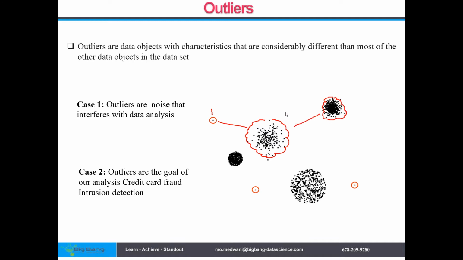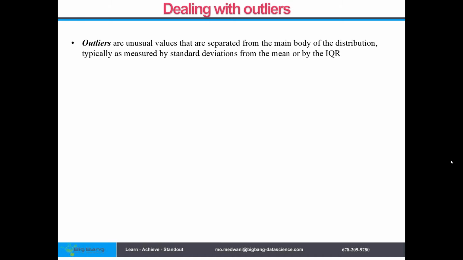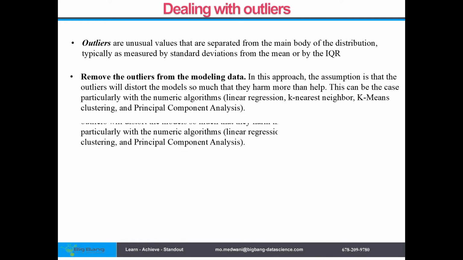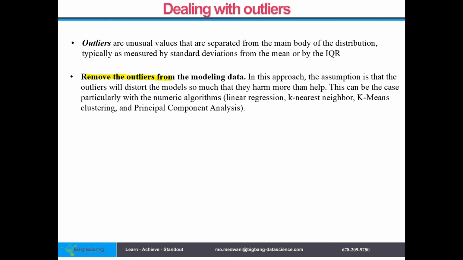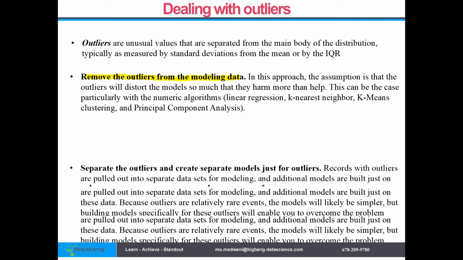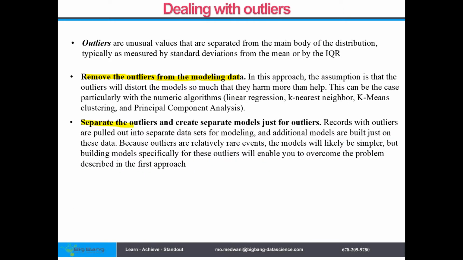And we talked about outliers versus anomalies. And we talked about how to handle outliers, how to remove outliers from the modeling or from the data. Another option to deal with outliers is simply to separate outliers from the data.